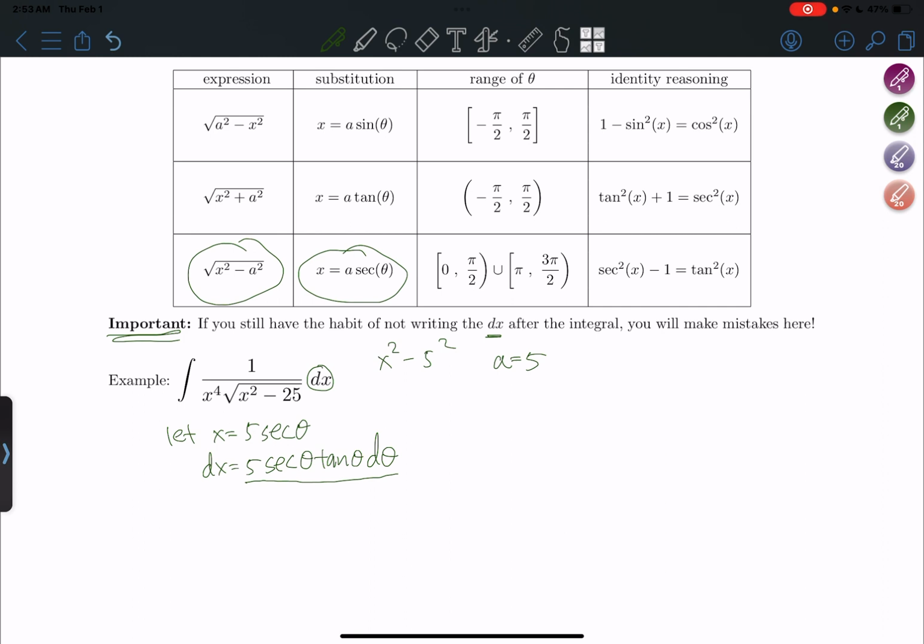If you think this is just some bit of notation that you don't need to write down, as long as you remember what variable you're working with, that is no longer the case. You're going to have a lot of information incorporated into that dx. So if you don't write it, you're definitely going to get this wrong.